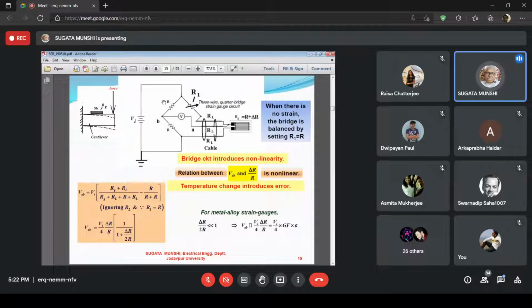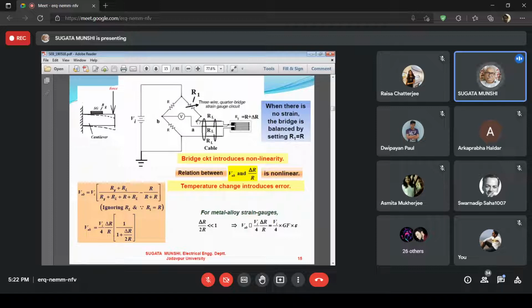Other bridge arms have their values selected as R, and one of the arms is varied to secure bridge balance when there is no mechanical strain. So ideally, R1 should be equal to capital R when you balance the bridge under no strain condition, in the absence of mechanical strain.